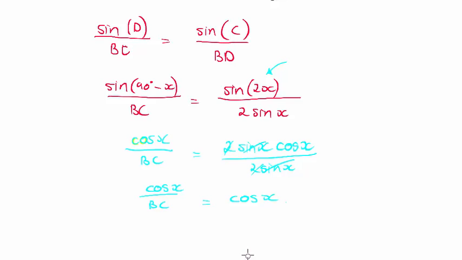What must I divide 2 with so that my answer is 2? With 1. Nice. So BC must be 1. What must I divide cos with so that it stays cos? Oh my goodness. 1.